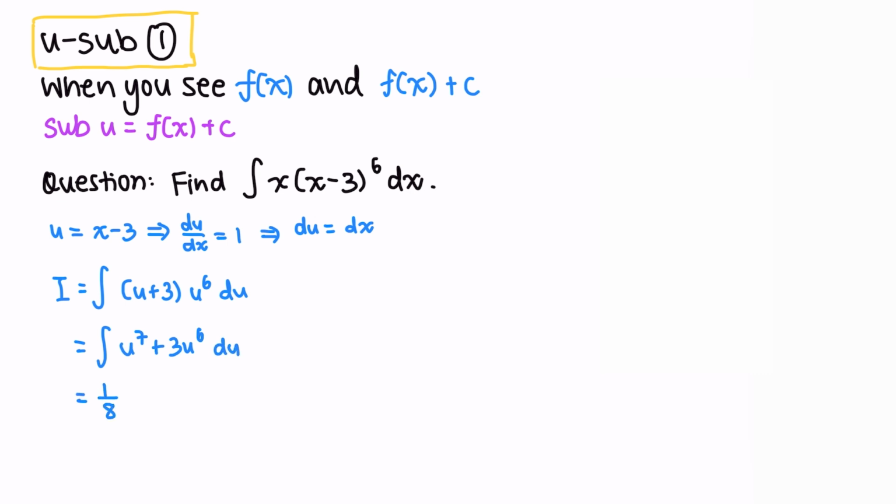And this is just 1 over 8 u to the power of 8 plus 3 over 7 u to the power of 7. Don't forget your plus c. And if we replace back the u in terms of x, we get 1 over 8 (x minus 3) to the power of 8 plus 3 over 7 (x minus 3) to the power of 7 plus c.